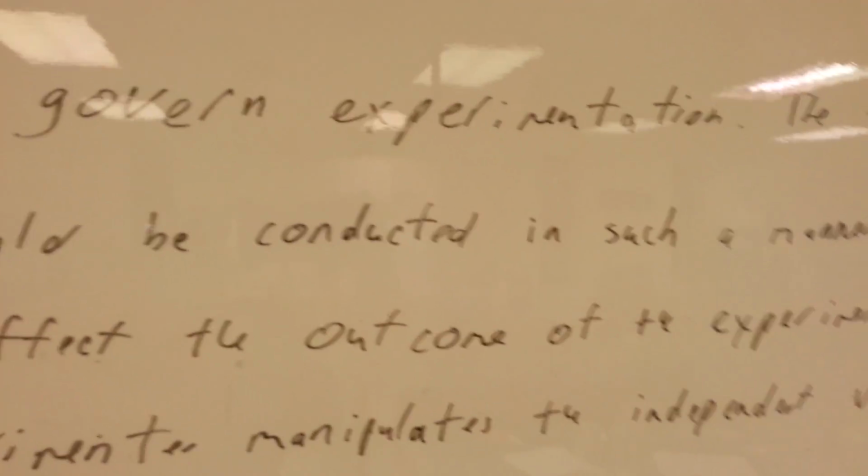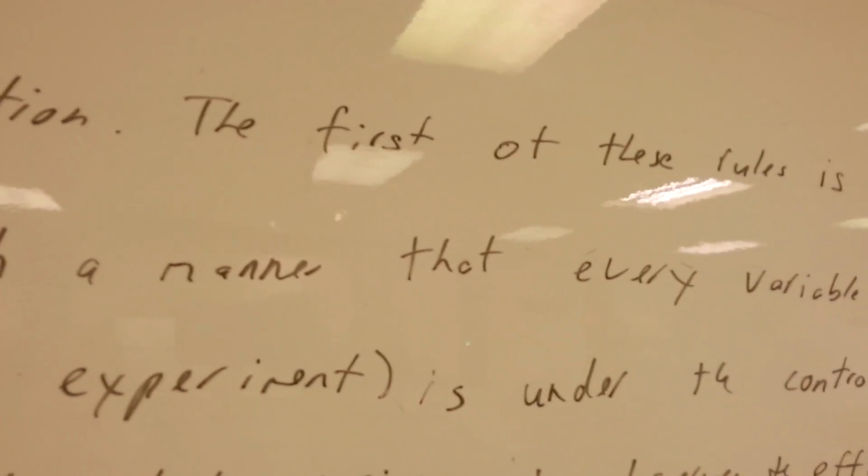Two general rules govern experimentation. The first of these rules is that the experiment should be conducted in such a manner that every variable is under the control of the experimenter. A variable is any factor that can affect the outcome of the experiment.